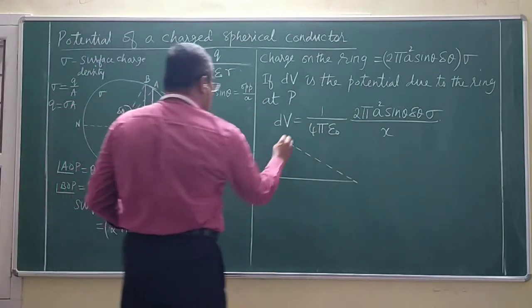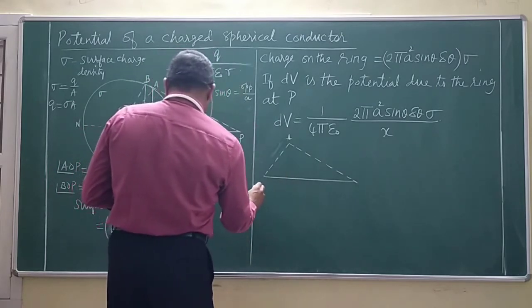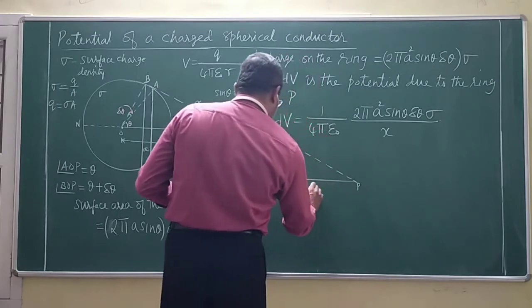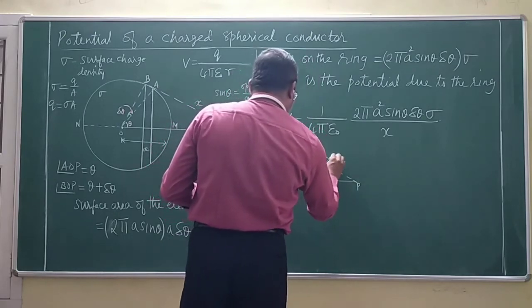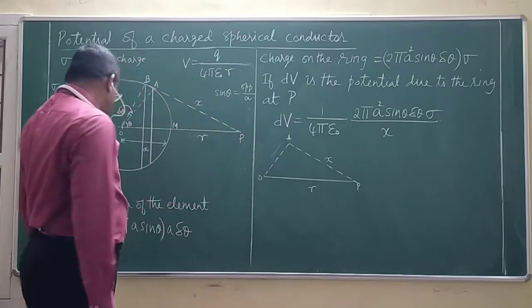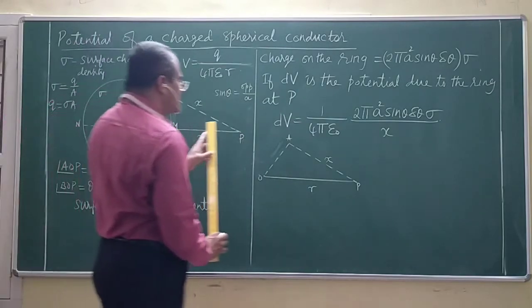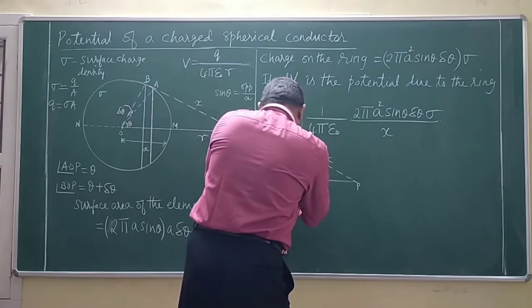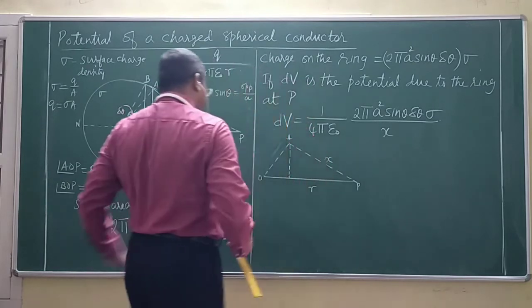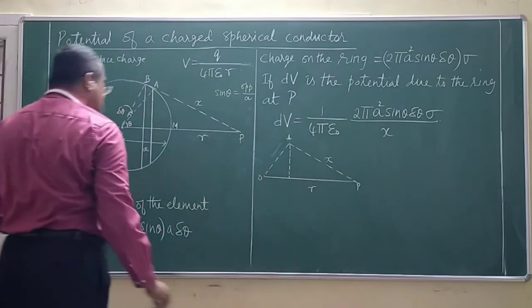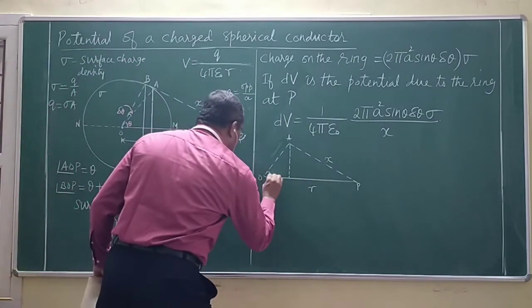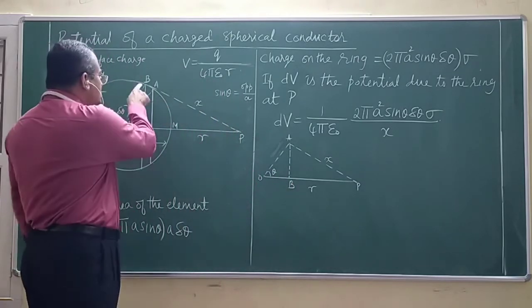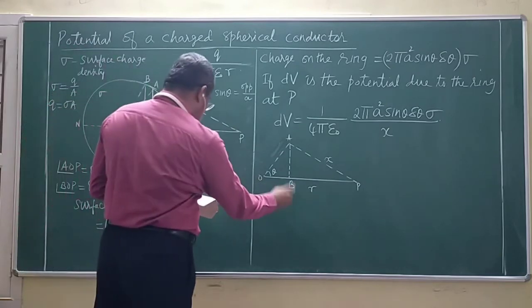I will write the names. This is A. This is the center point O. This is P. This is r. This is x. Let me drop a perpendicular here. This angle is theta. Let me write this as B.